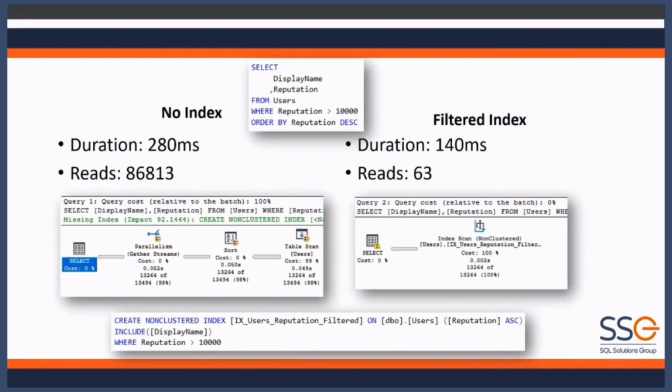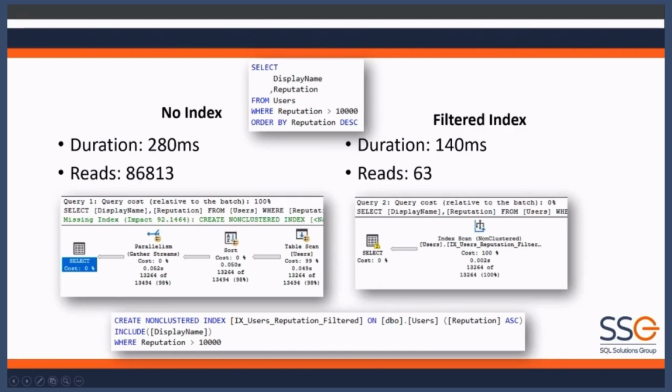But you can see, on the left, 86,000 reads, on the right, 60 reads to return all this data. That's just much more efficient. It's less disk, less memory, less IO. It's a no-brainer when it comes to select queries, although there is a balance, and we'll talk about that later.